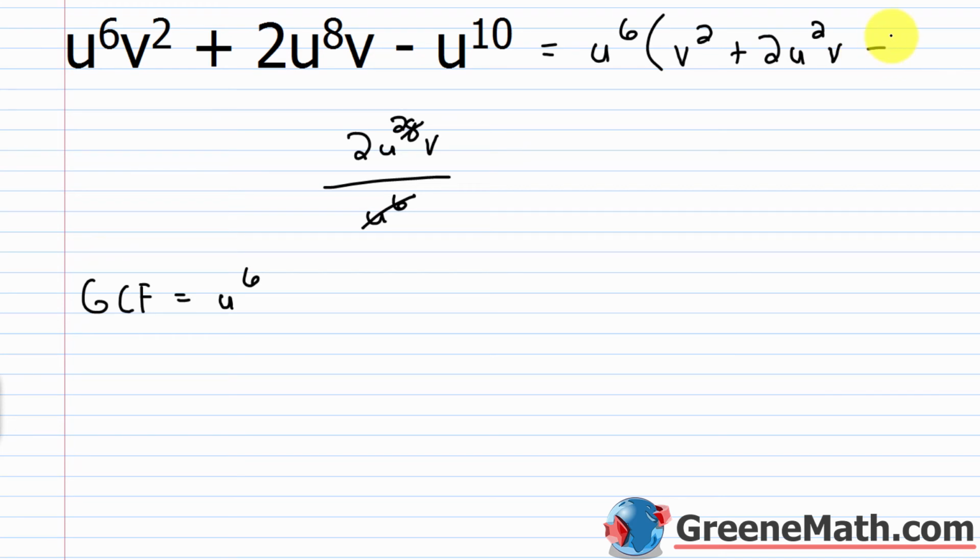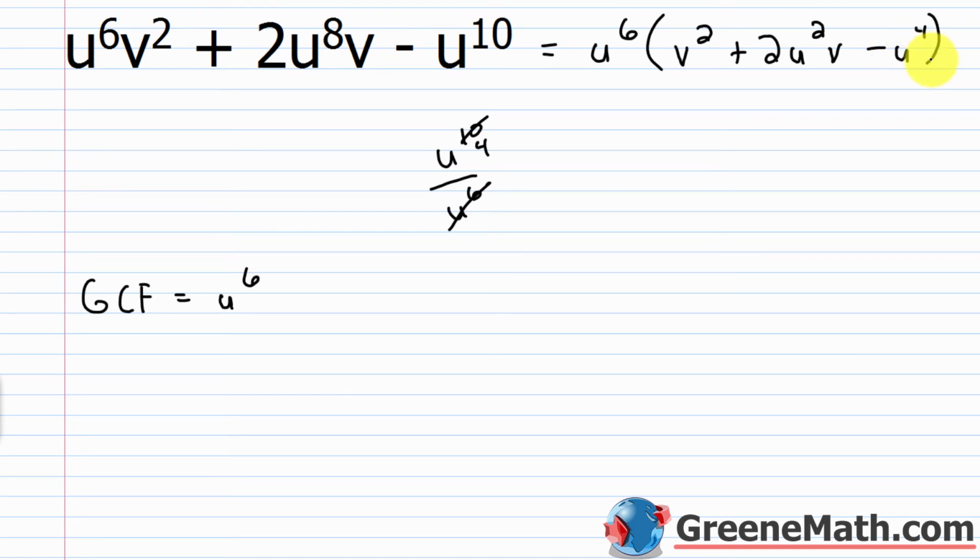Then minus, if I have u to the 10th power over u to the 6th power, this will be u to the 4th power. And so I'd have my answer: u to the 6th power times the quantity v squared plus 2u squared v minus u to the 4th power.